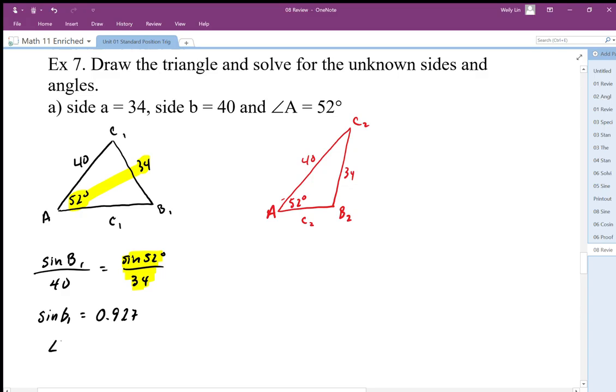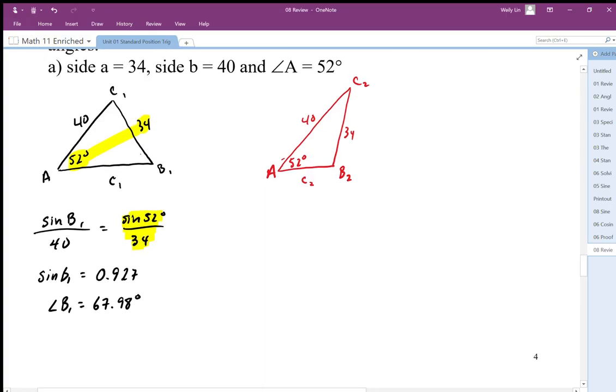So angle B1 is equal to 67.98 degrees. Okay, so this angle in here is 67.98 degrees. And the way I've drawn it, this is theta 1.